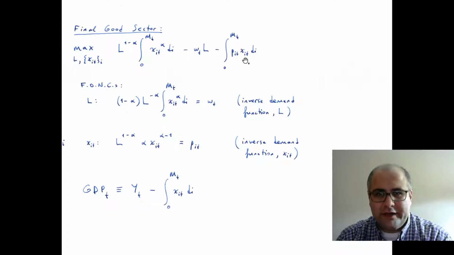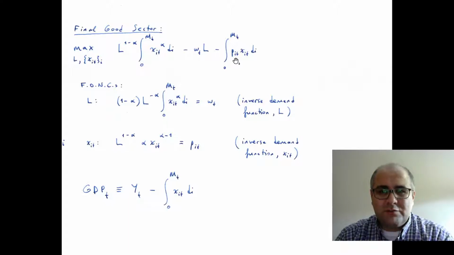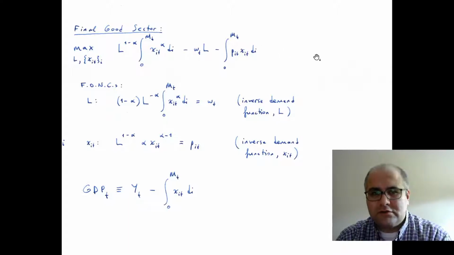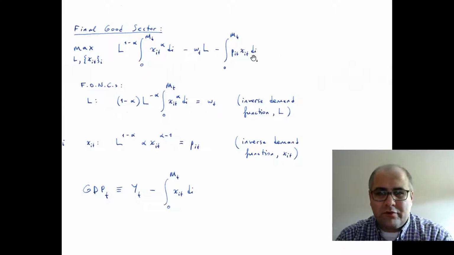Remember, x_it is the unit of machines demanded. Now we are defining the price of each machine in this way, p_it, a lowercase p. p_it is the price of machine i at instant t. If we sum over all this using the integral term, then we get the total cost. So there are no fixed costs, and this is a pretty simple problem.